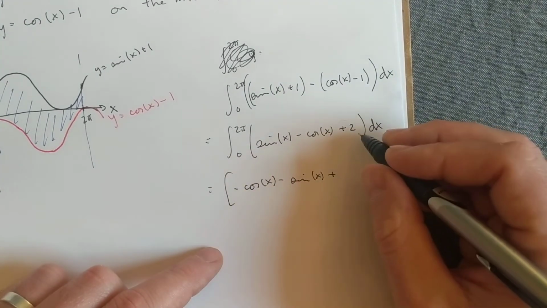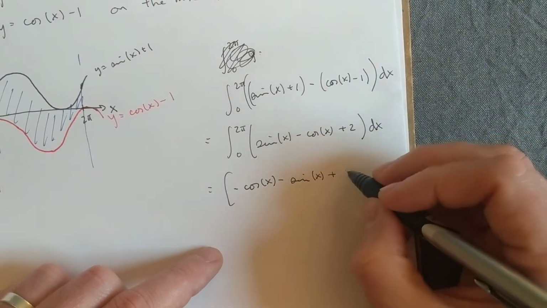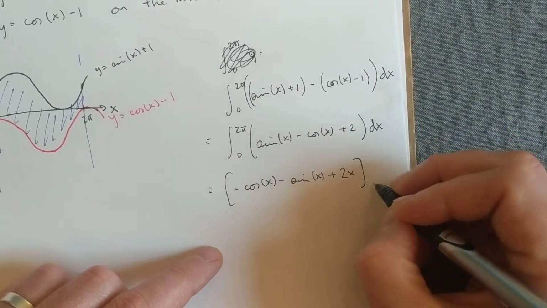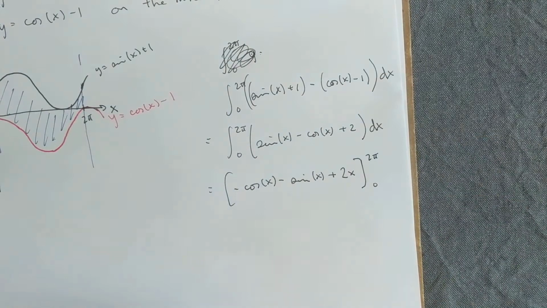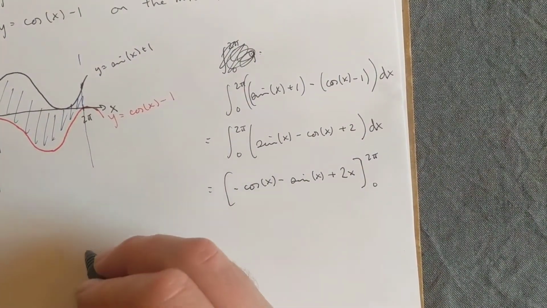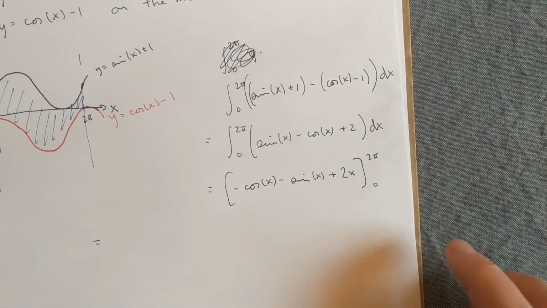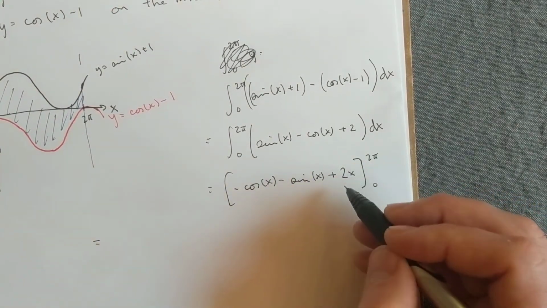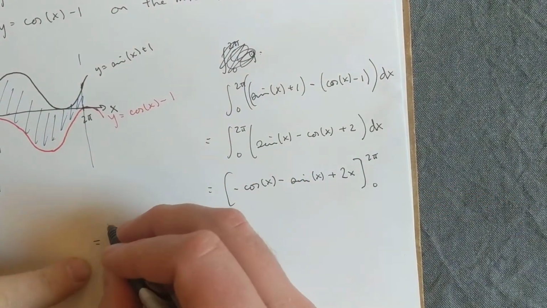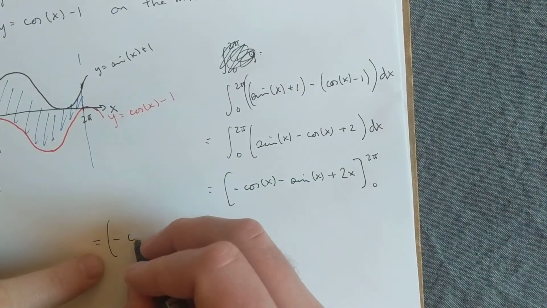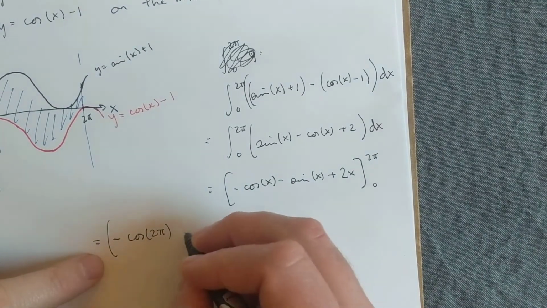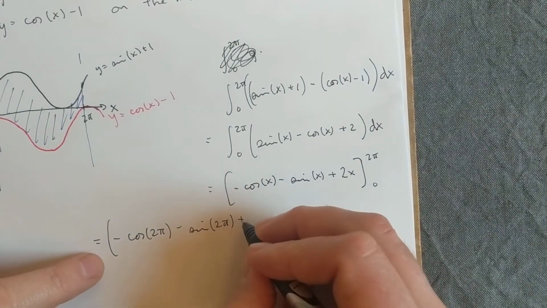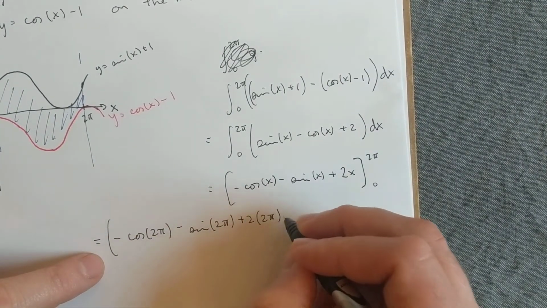And then 2, remember any antiderivative of a constant is just the variable we're using times that constant. Okay, so now we have our function. We're going to plug these values in. So I need to plug 2 pi into all this and then plug 0 into all this and see what I end up with. Okay, so minus cosine 2 pi minus sine 2 pi plus 2 times 2 pi.